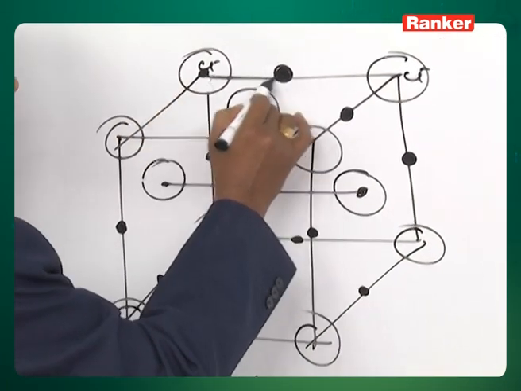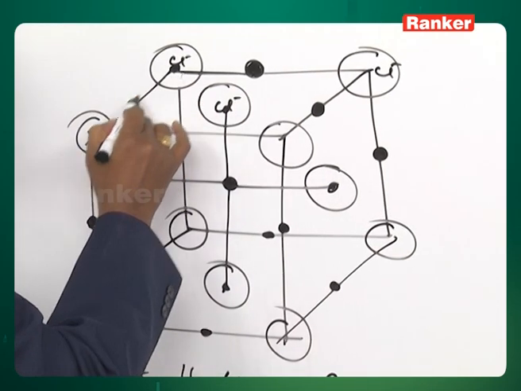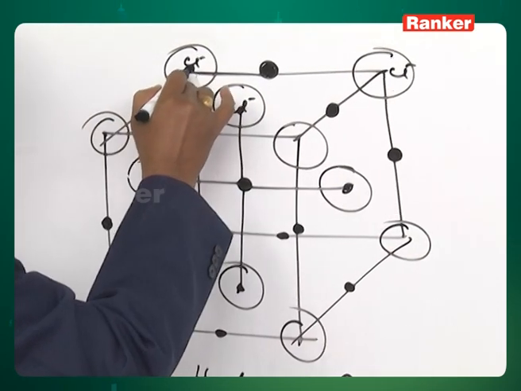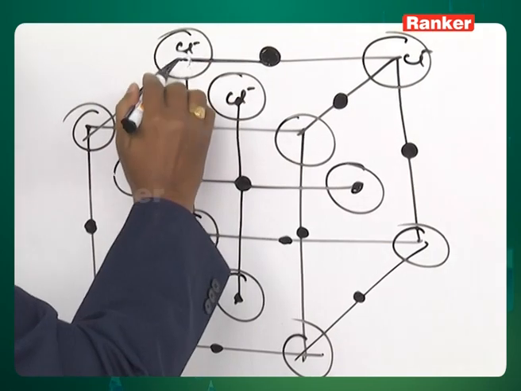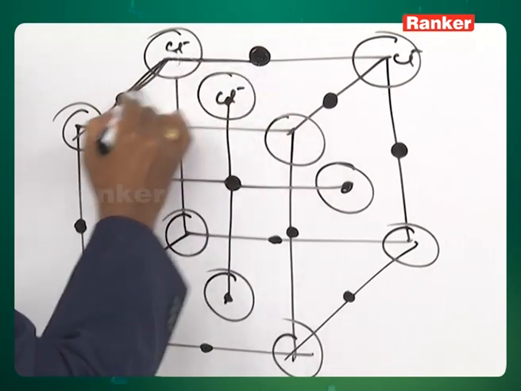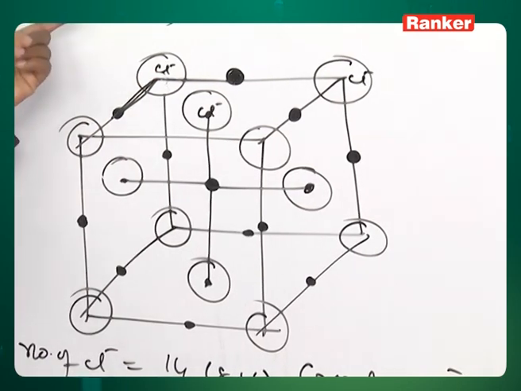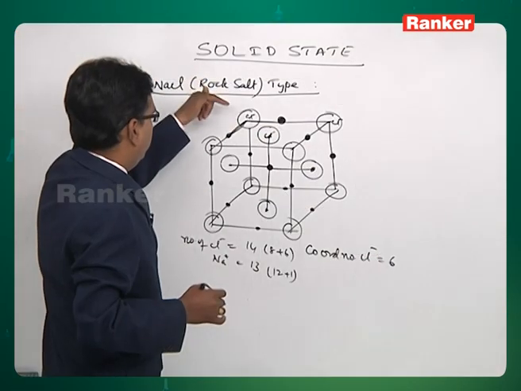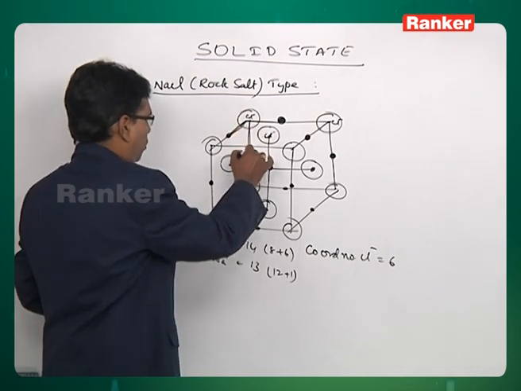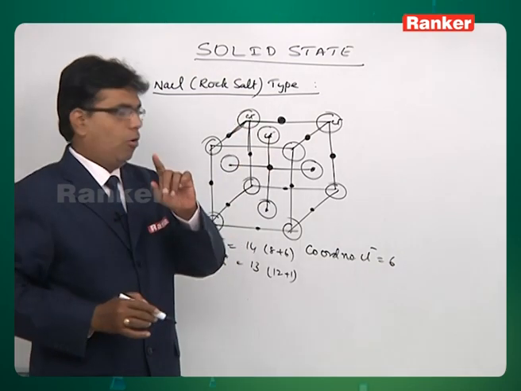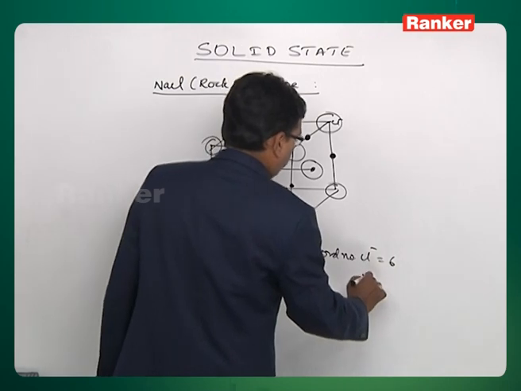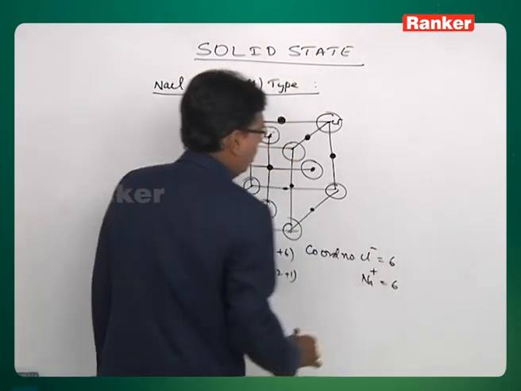Like this chloride ion is in contact with this sodium ion, 1, 2, and like this here you will have 3, behind 4, top 5 and bottom 6. So, each chloride ion has 6, and for sodium ion also it is 6.